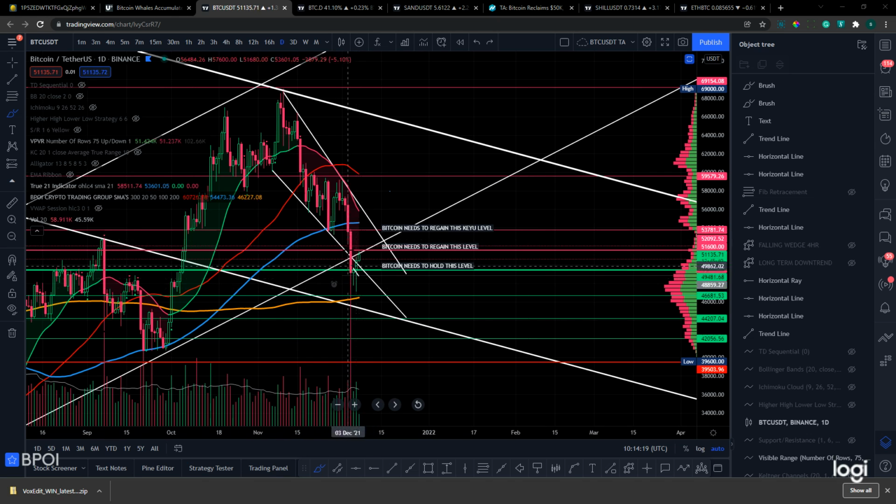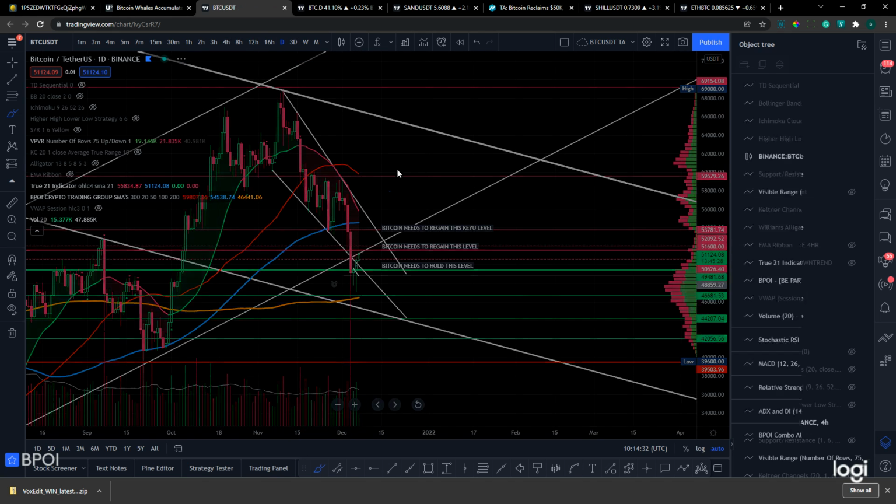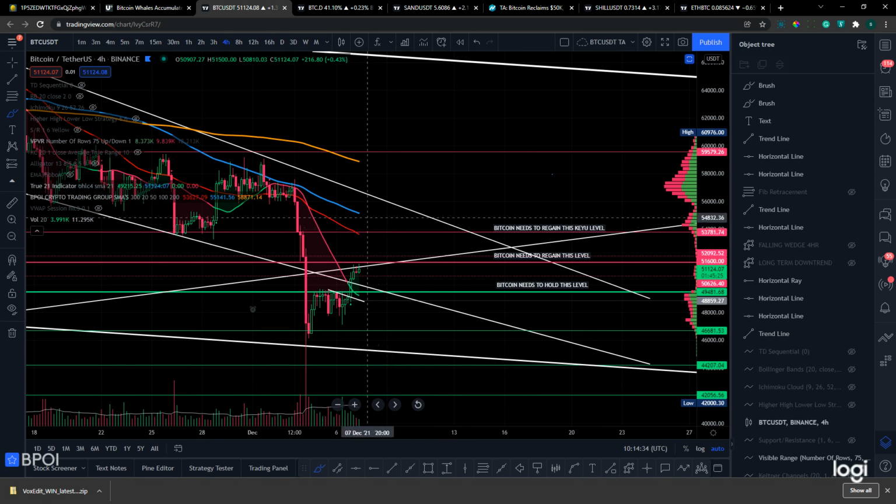So have the SMAs on your chart as well to keep an eye on. Make them slightly thicker, but we're mainly focusing at the moment on the 50 and the 100 and the 50 on the daily time frame. But also keep an eye on them on the 4 hour time frame, which is the most popular time frame traders use for TA, because they're going to act as resistance as well.